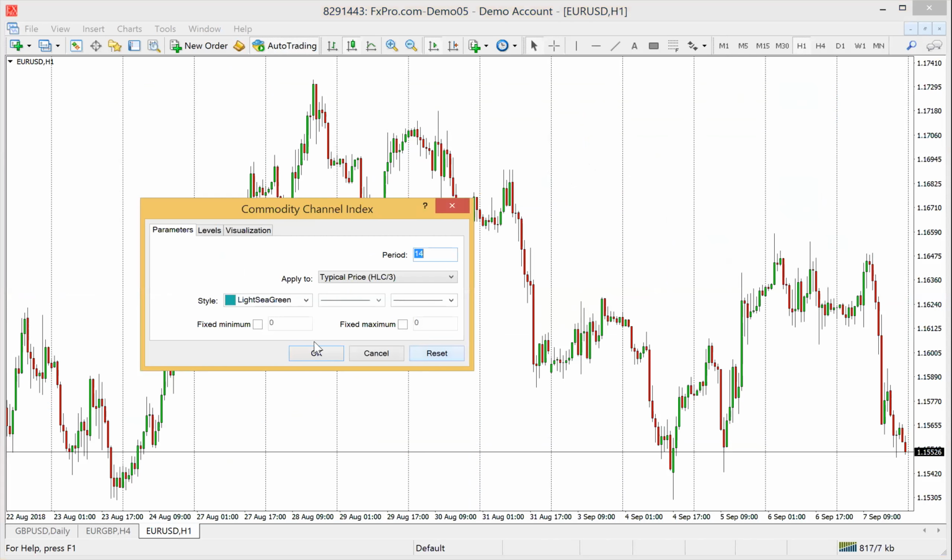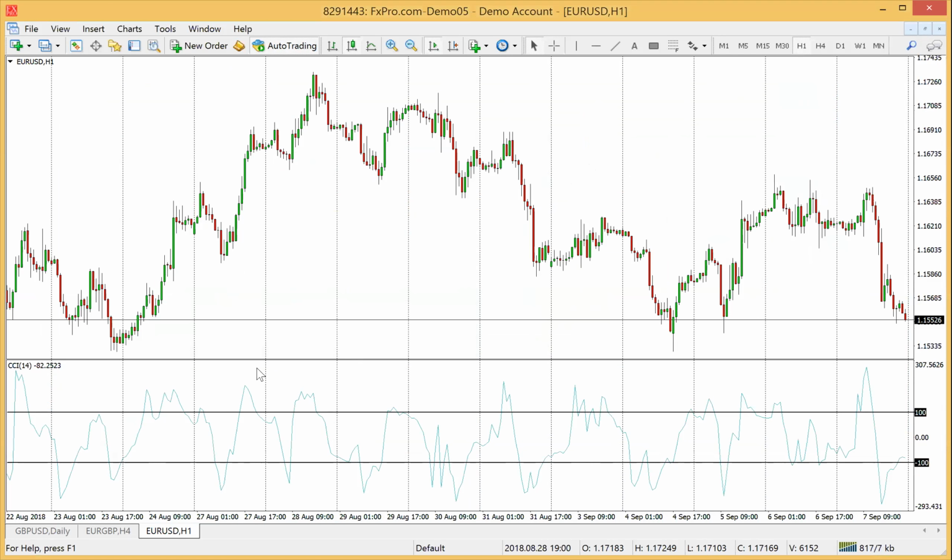Have it as default. This is how it will appear for you guys. Press OK. That's how it appears at the bottom. It looks quite similar to the RSI. You have the 100 level and the minus 100 level, so overbought and oversold. But I'll make it a bit clearer for you guys so you can see it a lot better.